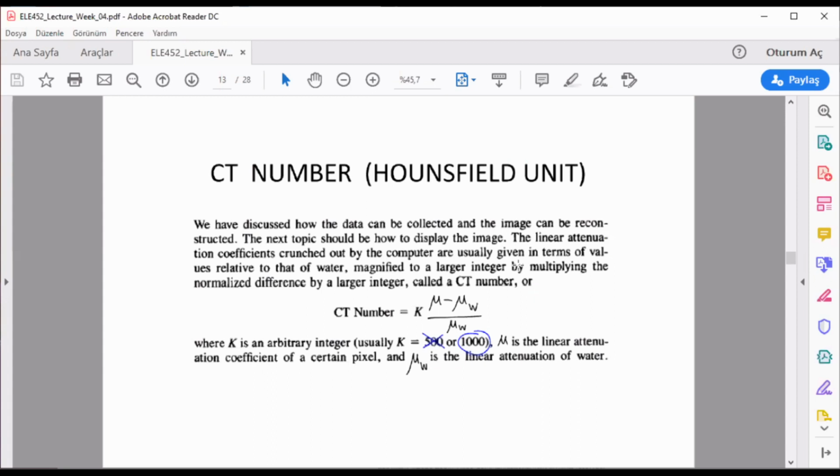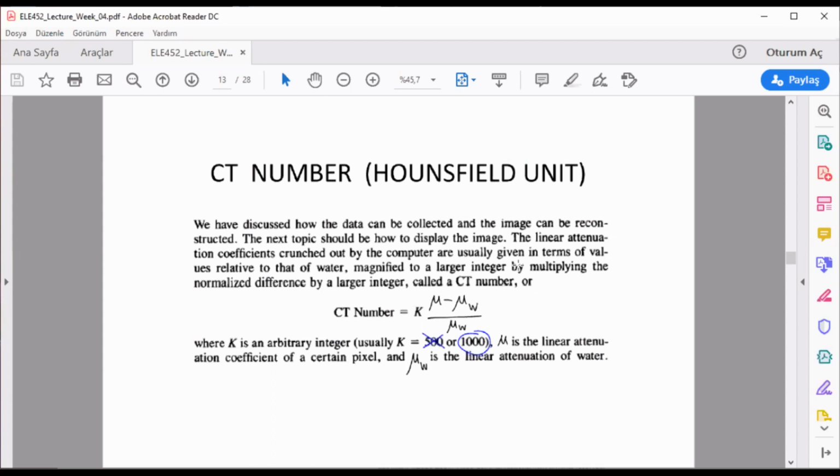Now we have to mention a very important parameter of computed tomography. This is called the CT number, because in the mathematical operations in the computer of an imaging system, X-ray absorption coefficient units like 1/centimeter are not used. Rather, a kind of referenced integer number called the CT number is used.